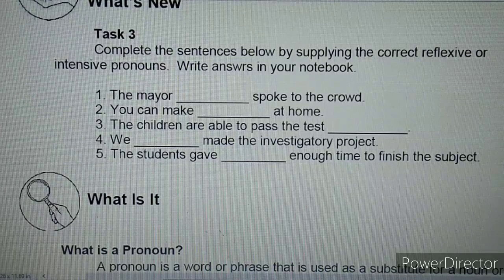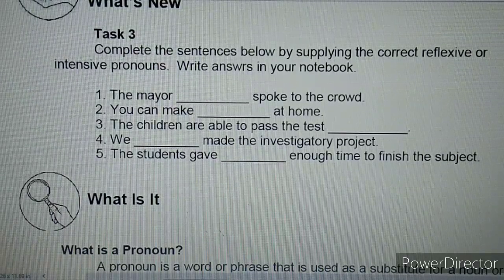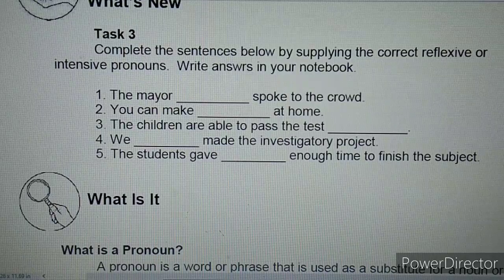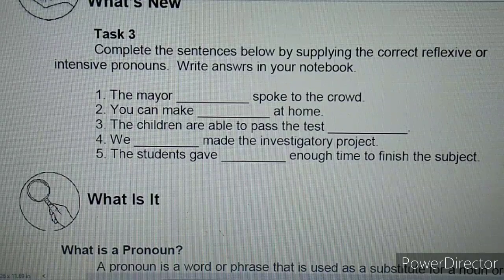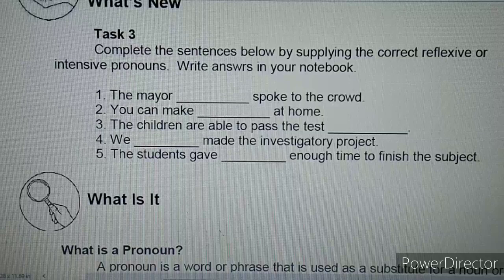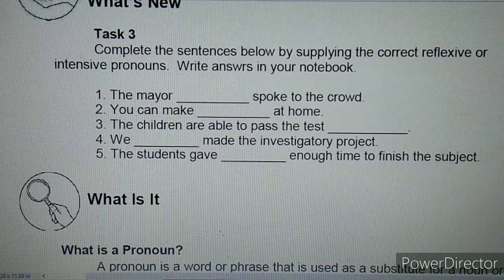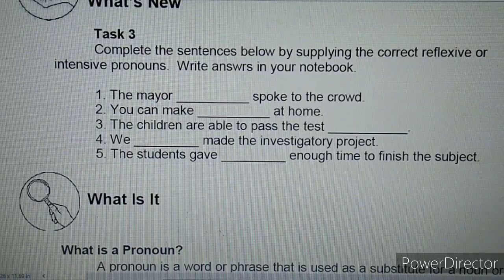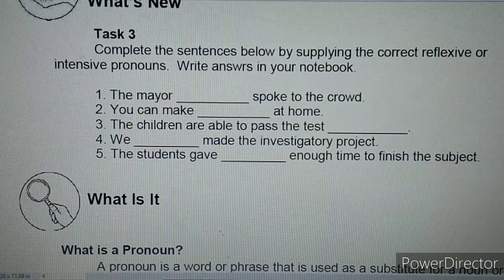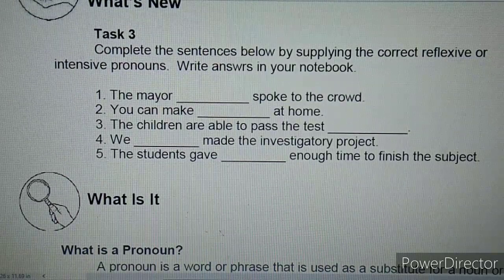Now let's move on to number 2. You can make blank at home. Using the pronoun you, the correct reflexive or intensive pronoun is yourself. Number 3. The children are able to pass the test blank.